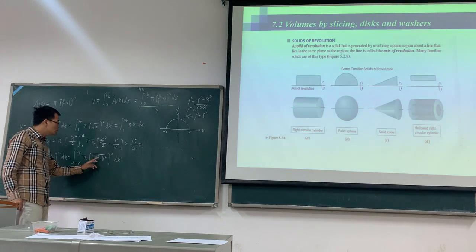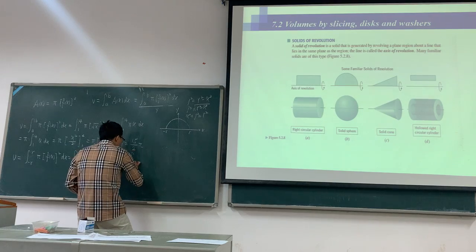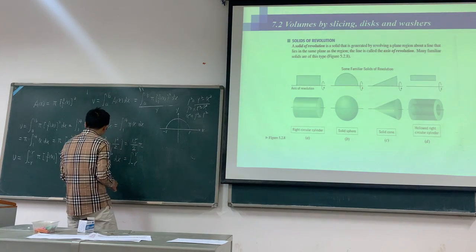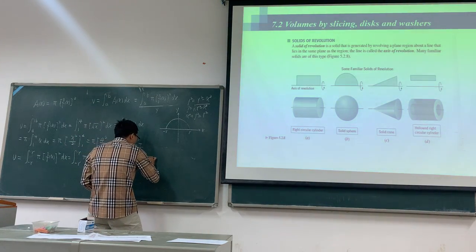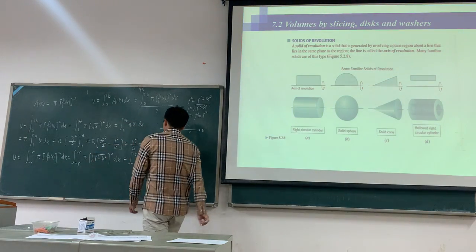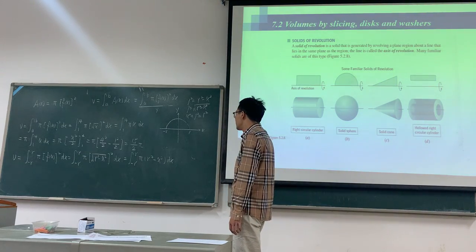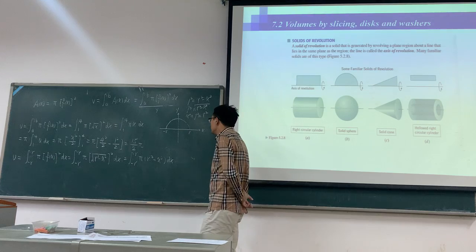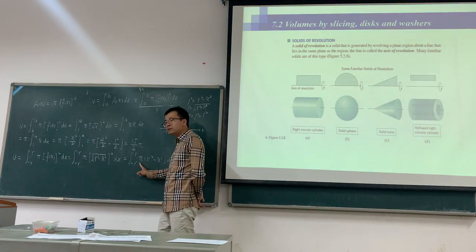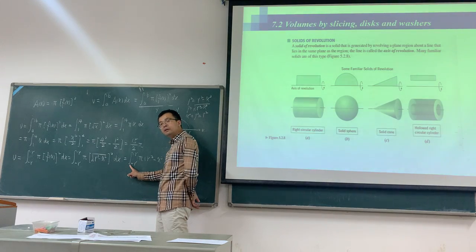The square root squared cancels, so this part is the integral from minus r to r of pi times (r squared minus x squared) dx. Pi is a constant, so it can move through the integral sign.